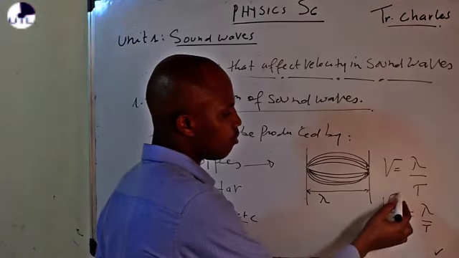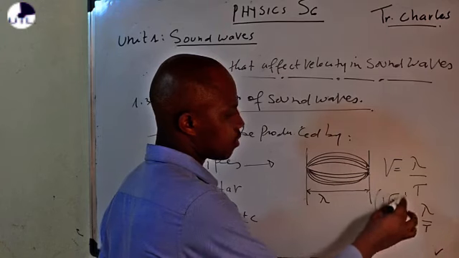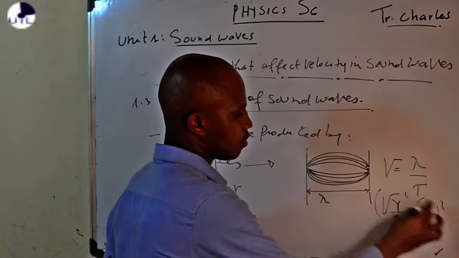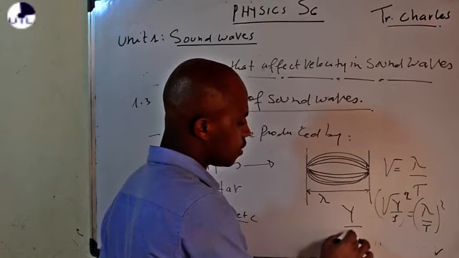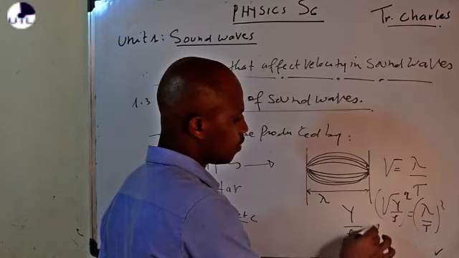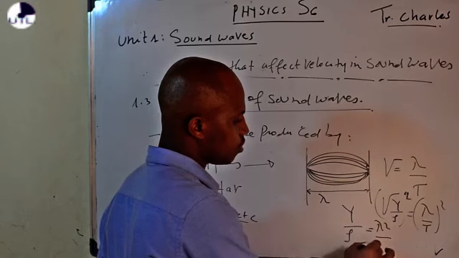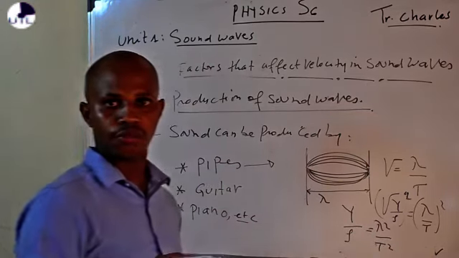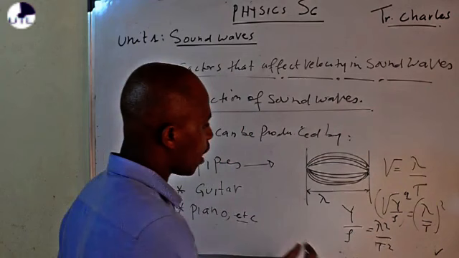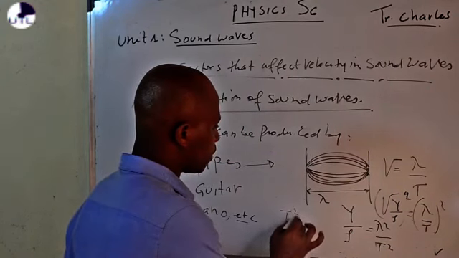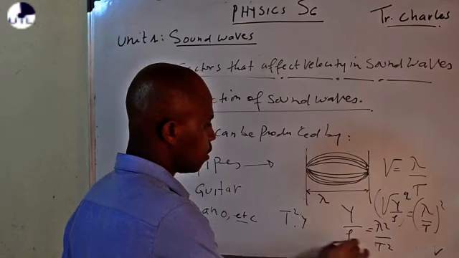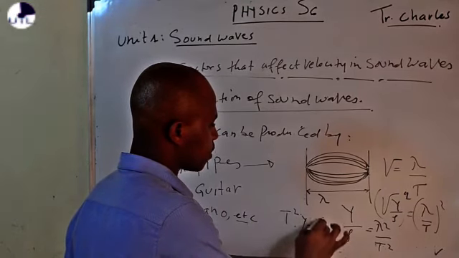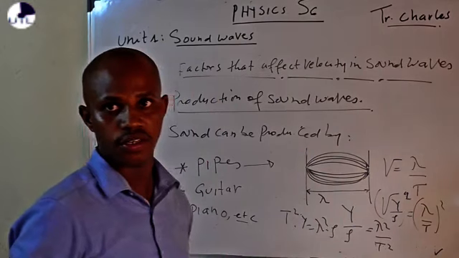What if I square both sides? Now I have Young's modulus over the density is equal to wavelength squared divided by period squared. Cross multiplication, now I have T squared times Young's modulus, which is equal to wavelength squared times the density.